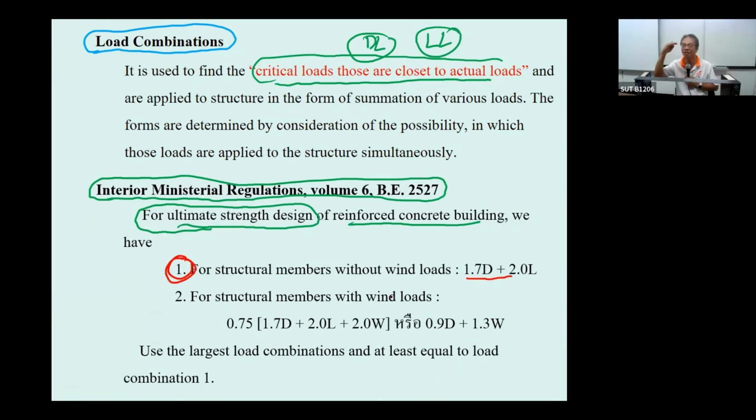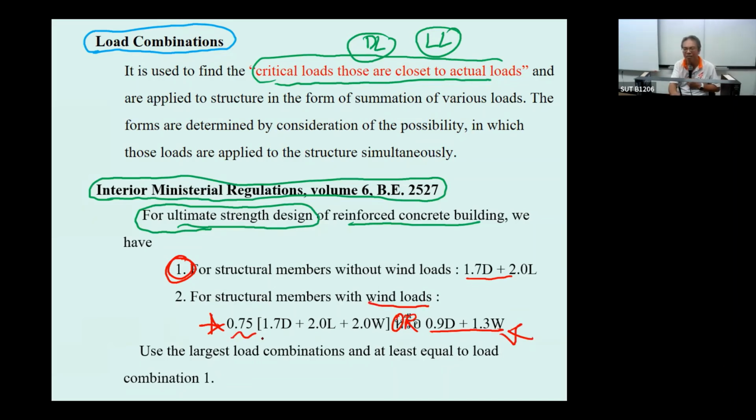You design the structure for the slab, the beam, the column, for each floor of the structure until you get to the foundation. Then you combine everything into the structure, and check the resistance of this structure by the application of the wind load.